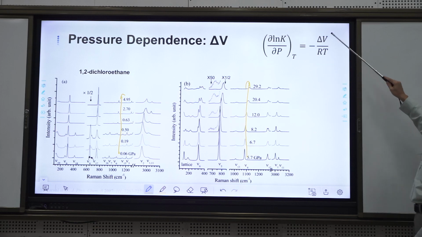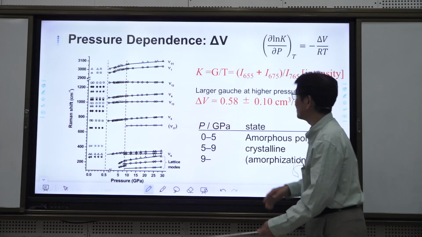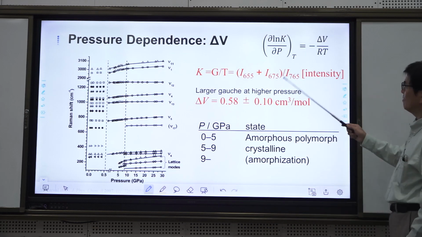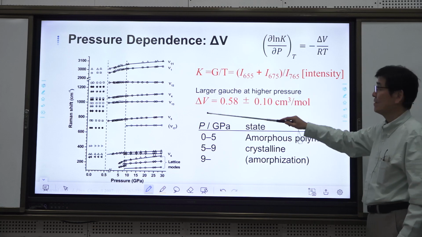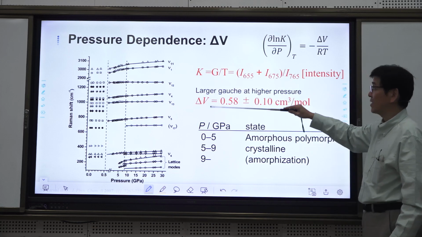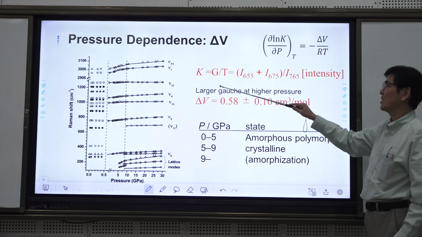It's a function of delta V, the difference in the volume. And analyzing this result, they observed that the population of the gauche form becomes larger at higher pressure.